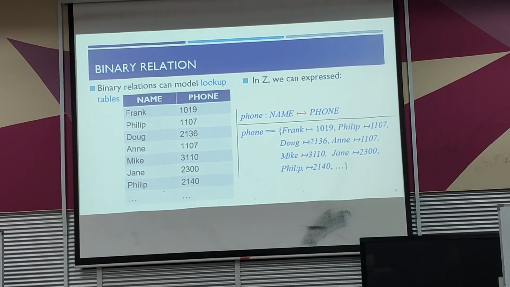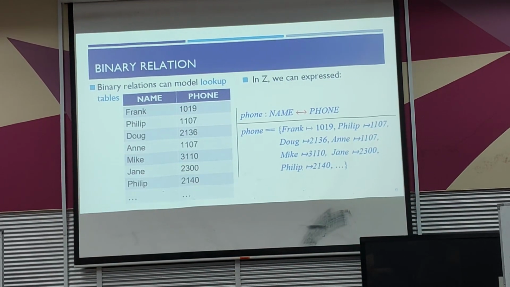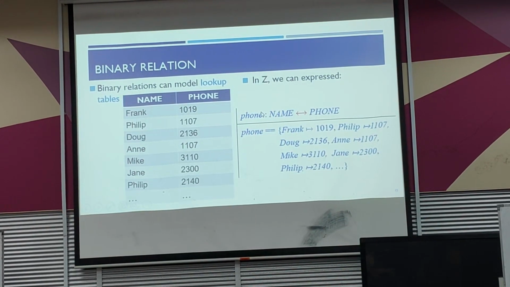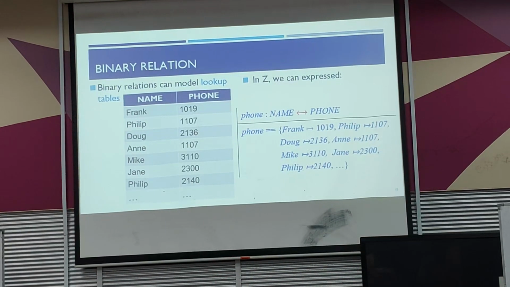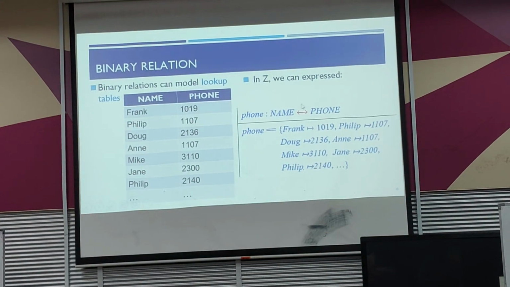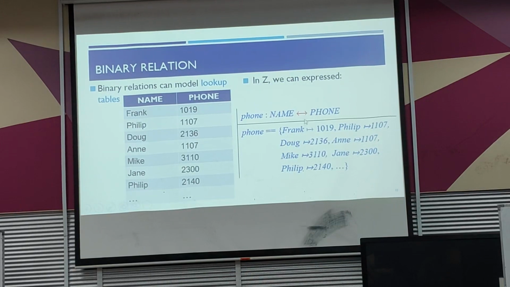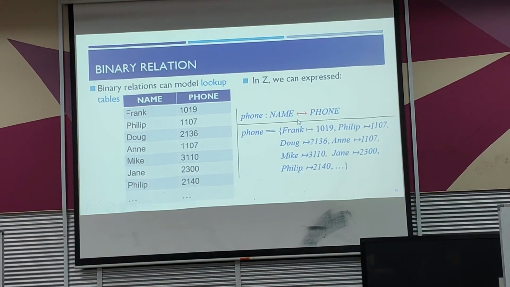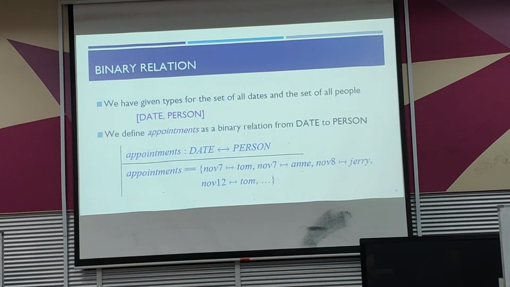So it is many-to-many, even though there is no power set, no need for power set. It still shows many records. So just use this symbol. This is what we call the relation symbol, the relation operator.